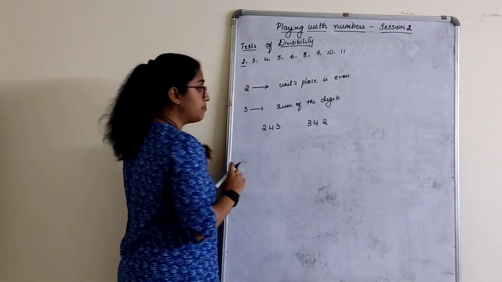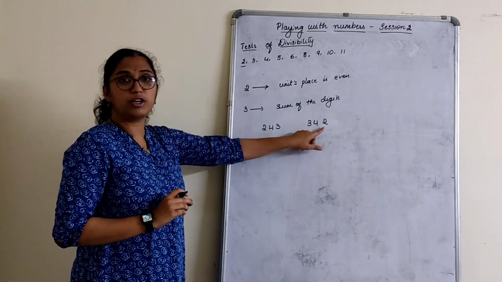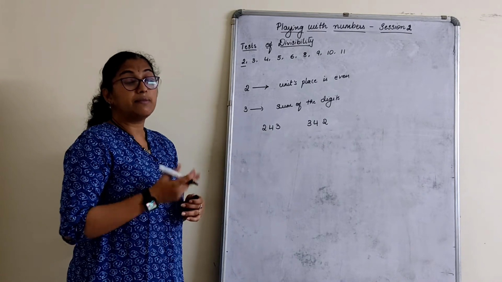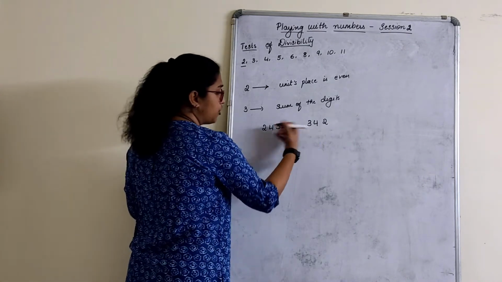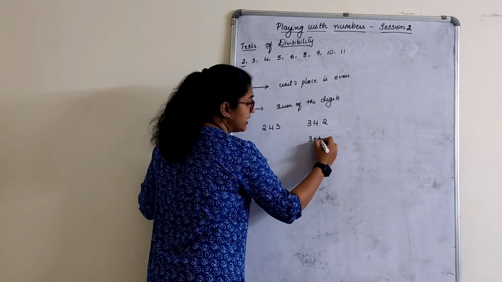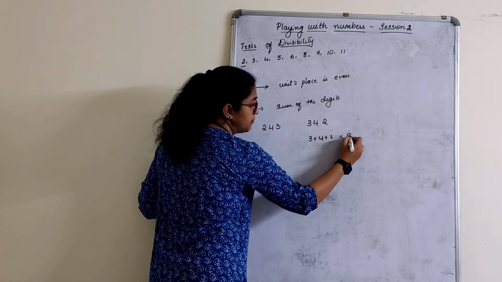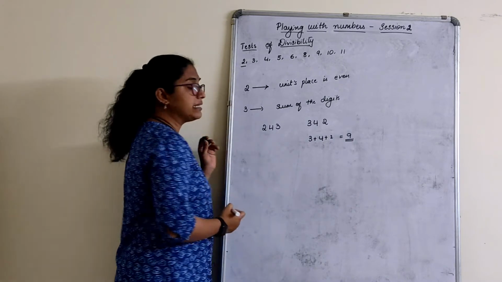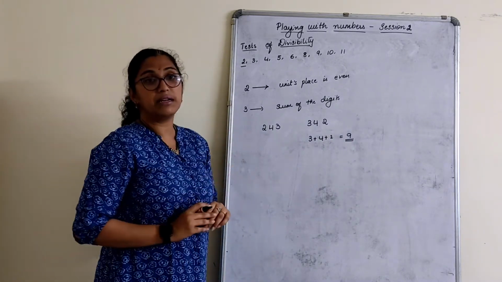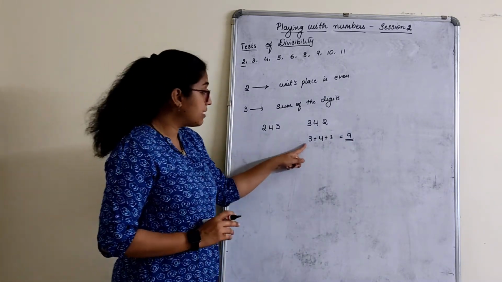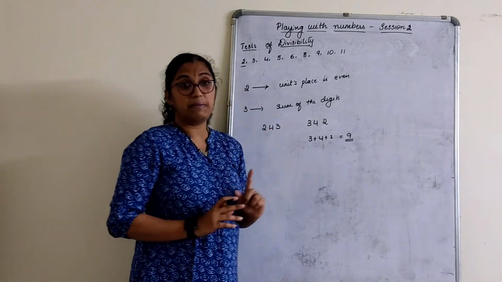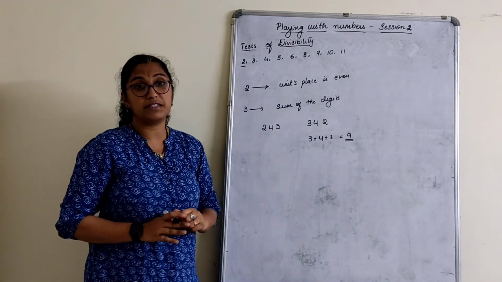When you look at this number, of course it is divisible by 2 because it is an even number. But let me check the condition for 3. 3 plus 4 plus 2: 4, 5, 6, 7, 8, 9. Is 9 divisible by 3? Yes. The given number is divisible by 3. If the sum of the digits is divisible by 3, then the number is divisible by 3.